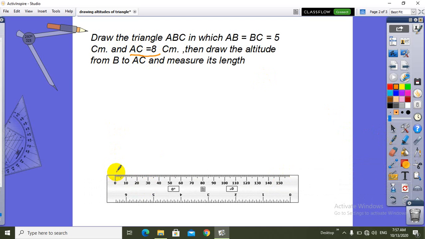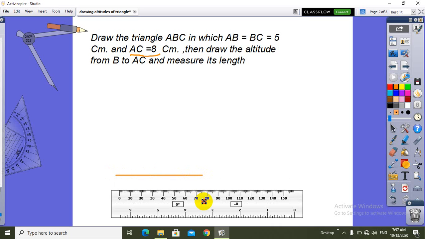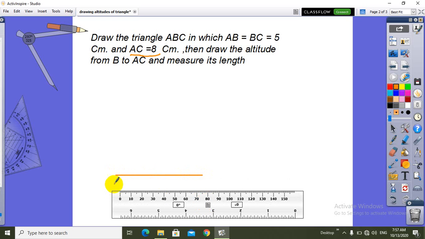From 0 to 8. This is called what? AC, 8 cm. Then turn back to draw AB and BC equal 5 cm.